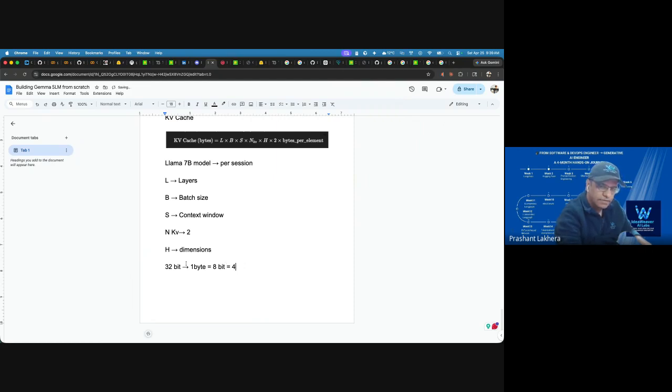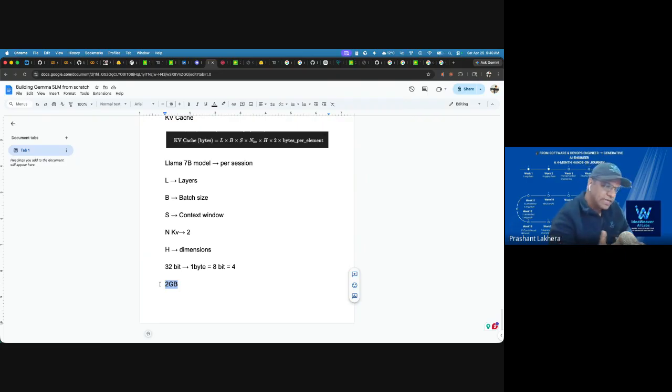Same if this is 16-bit, then it is 16 divided by 8, which is 2. So if we feed all these values for the Llama 7B model, it comes out to be 2 GB. So this is per session. Each user needs 2 GB of memory during the inference stage just to store all this KV cache. And that is going to be pretty expensive.